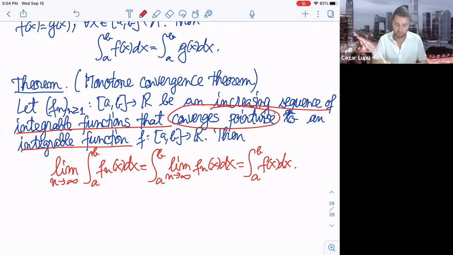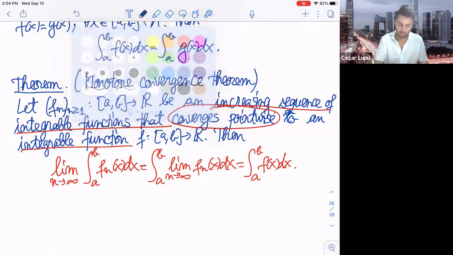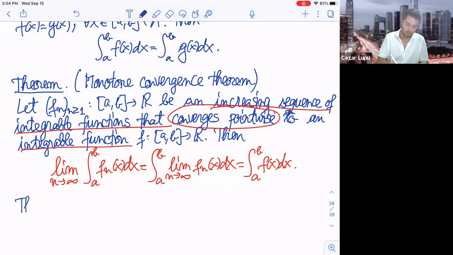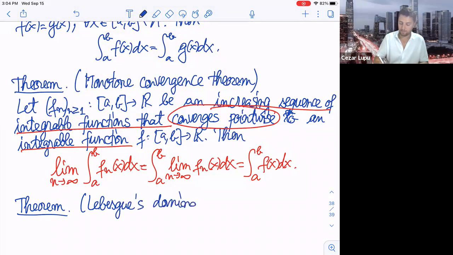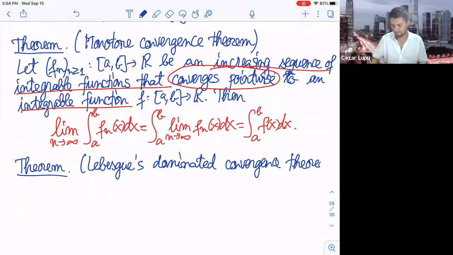And there is one more theorem that I would like to talk about. This is what we call the Lebesgue dominated convergence theorem. This is one of the cornerstones of a real analysis course.